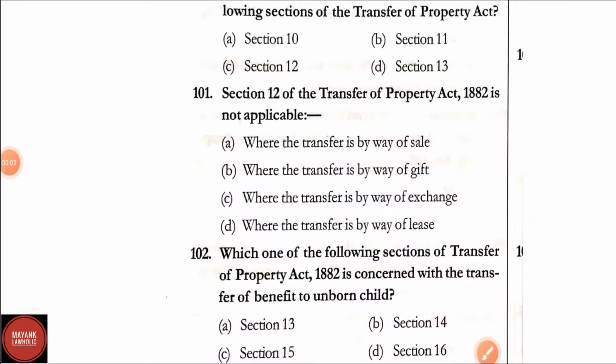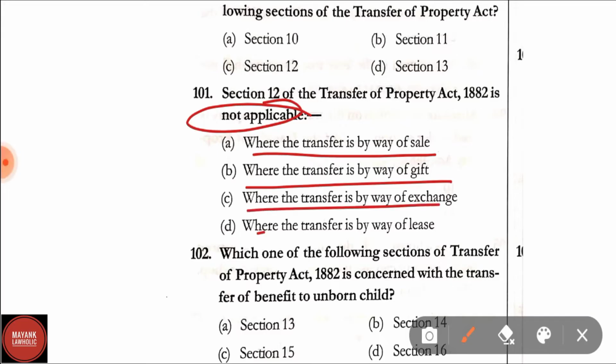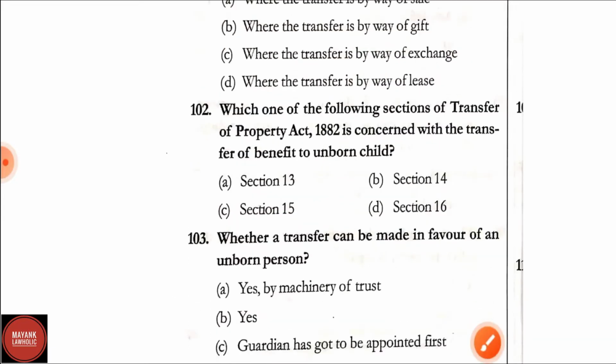Section 12 of the Transfer of Property Act 1882 is not applicable: option A, where the transfer is by way of sale, where the transfer is by way of gift, where the transfer is by way of exchange, where the transfer is by way of lease. Here at option D, Section 12 will not be applicable. In other options, sale, gift or exchange, Section 12 will be applicable.